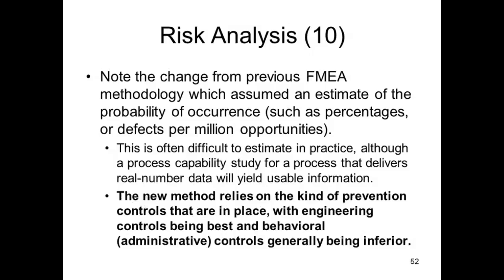Well, we'll put this in for the occurrence rating. Nobody was really happy with it, and I think a lot of people didn't like to do FMEAs for that reason, among others. Well, in this case, you know what kind of prevention controls you have in place, so at this point we can get a much better picture of our occurrence rating.